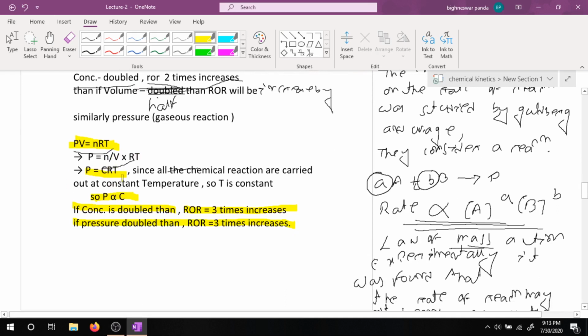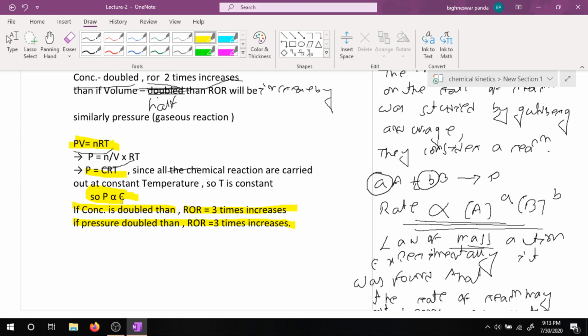C is the concentration. Since all the chemical reactions are carried out at constant temperature, I can say that T is constant. So if T is constant, R is also constant, so pressure is directly proportional to concentration. As pressure is directly proportional to concentration, pressure and concentration have same effect on rate of reaction. By considering, if concentration of a particular reaction is doubled, then rate of reaction increases by 3 times.